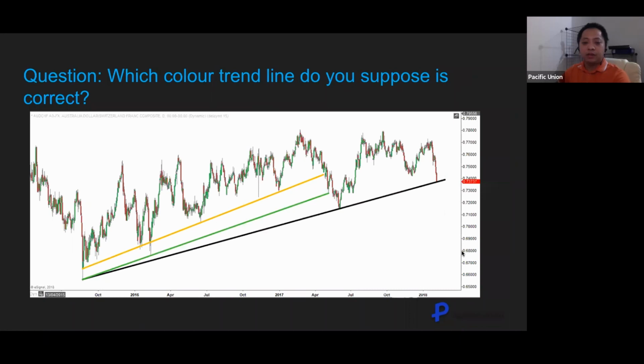All right, let's have a little quiz in here. We have 3 trend lines in here. Which trend line do you suppose is correct? Is it the yellow one, the green one, or the black one?